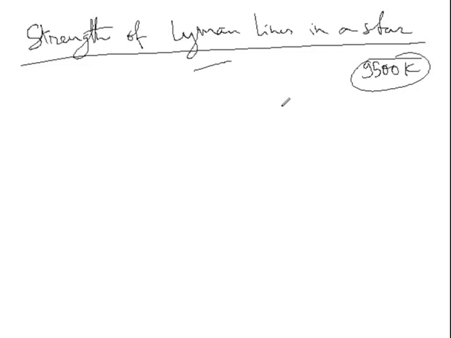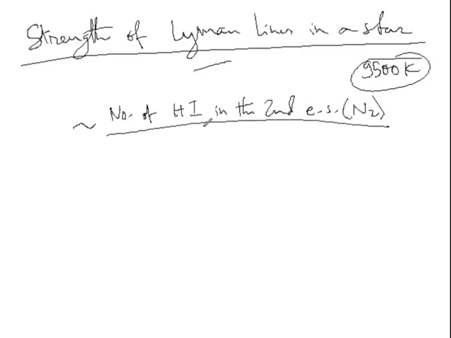Now you see, the strength of the Lyman lines in a star is basically proportional to the ratio of the number of H1 atoms in the second excited state, N2, to the total number of hydrogen atoms.